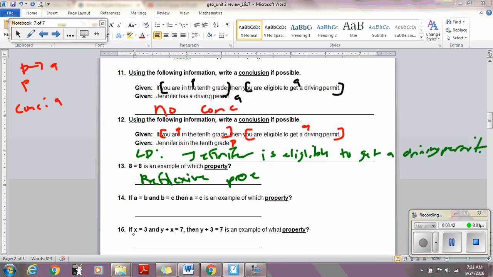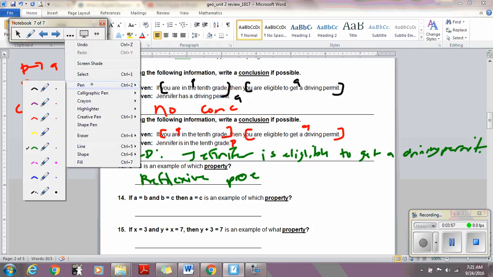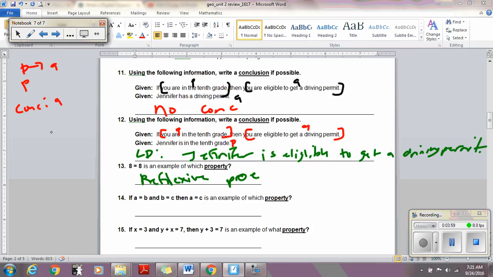Number 14, if A is equal to B and B is equal to C, then we can conclude that A equals C is an example of which property. So on that statement, you notice the middle piece is the same. The middle piece contains B, so B repeats itself right in the middle.